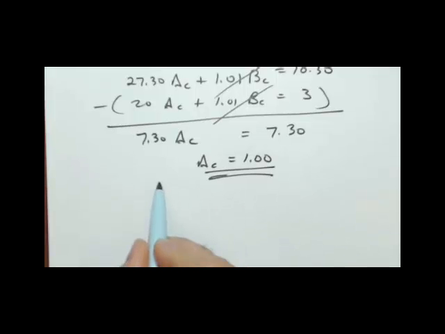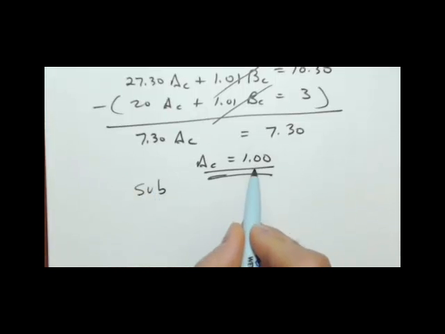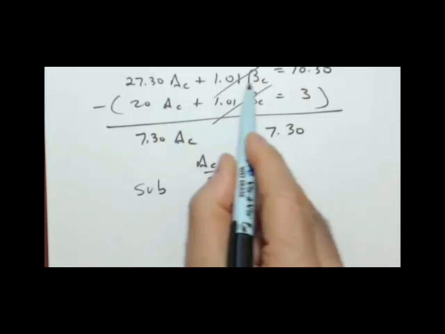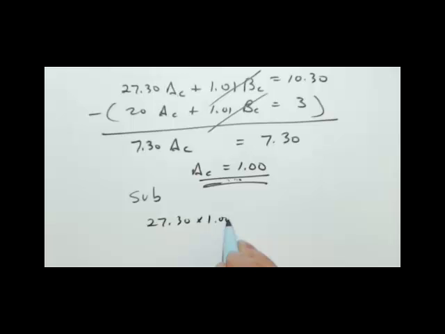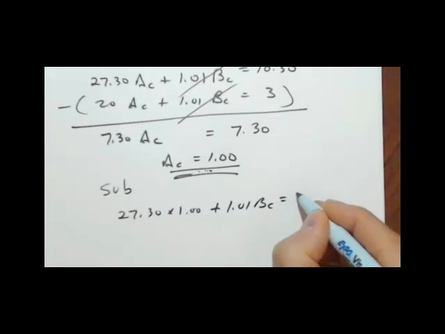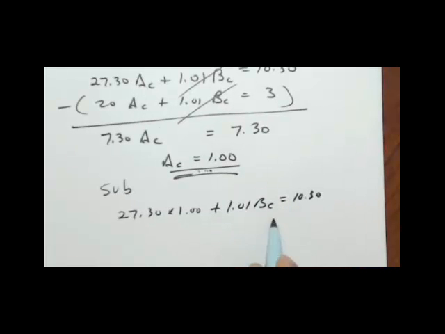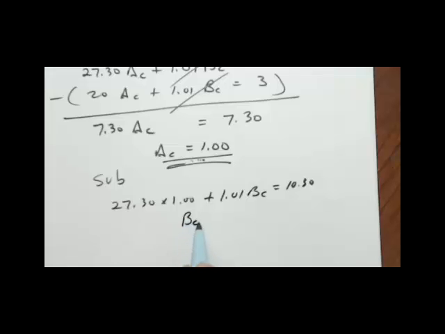Okay. So now let's substitute this one into either one of these formulas. It'll work. So let's substitute it into the top formula. 27.3 times 1 plus 1.01 BC equals 10.30. Solve this algebraically. BC equals minus 16.83.